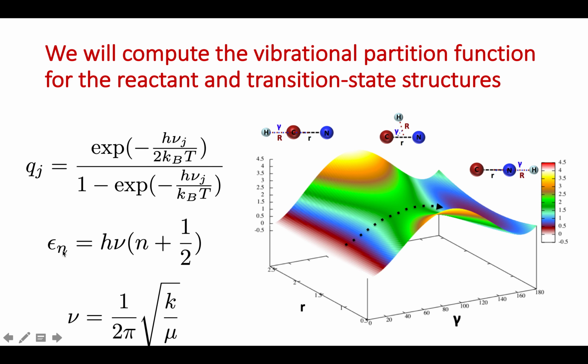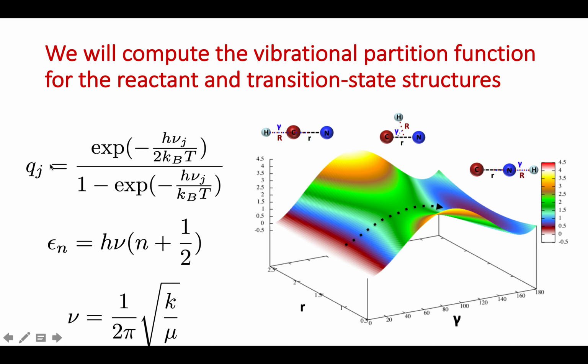The sum over n different vibrational levels that we saw earlier, where n is an integer which starts at 0 and goes up to infinity, is an infinite sum. However, there's a way to deal with that infinite sum, which has been worked out up here.